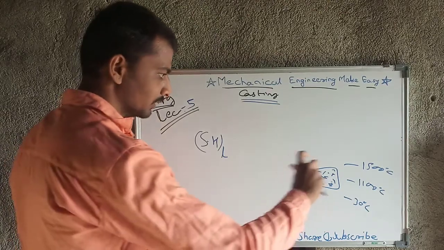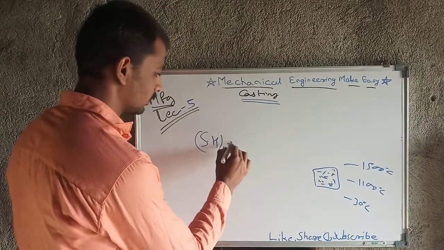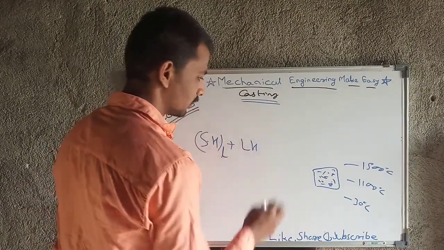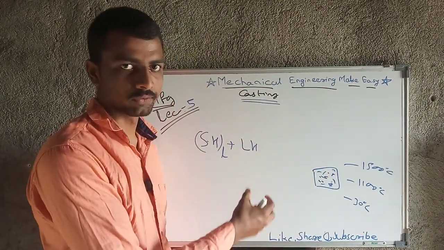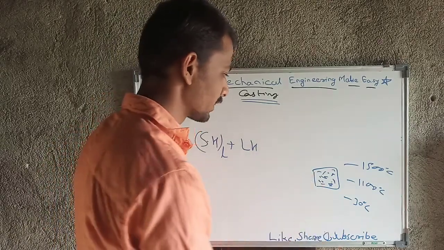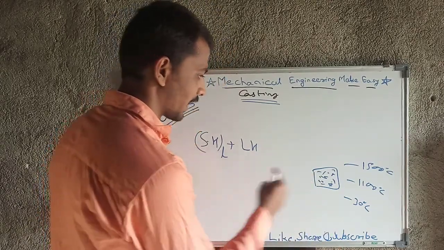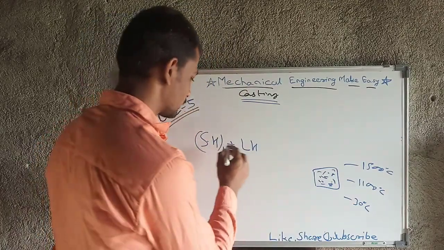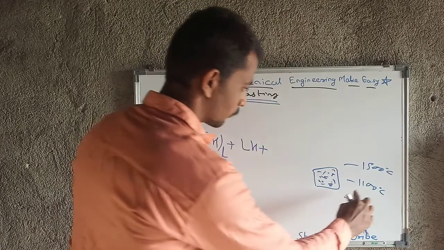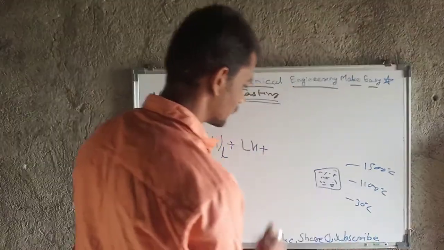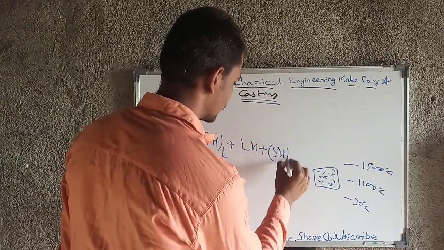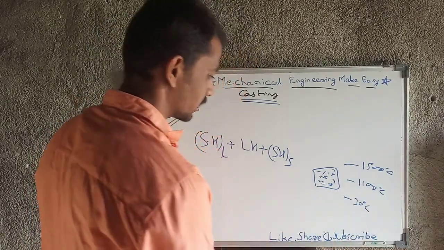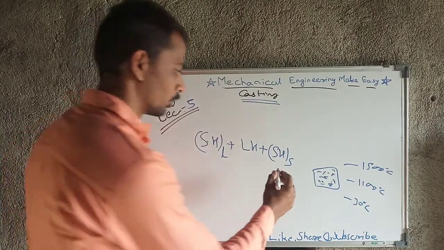Plus at 1100 degree Celsius the latent heat will be there. We have to extract that latent heat from the material so that it will solidify. That is nothing but the latent heat. Plus from 1100 degree Celsius to 30 degree Celsius there will again be sensible heat of solid, because after 1100 degree Celsius the material is in the form of solid.